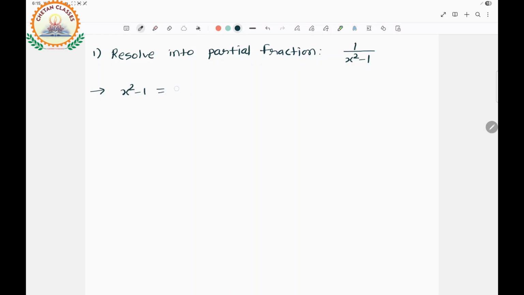Here x square minus 1 means x square minus 1 square. Here apply the formula a square minus b square is equal to a plus b into a minus b. So here x plus 1 into x minus 1. Okay.